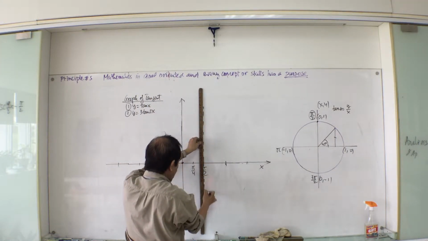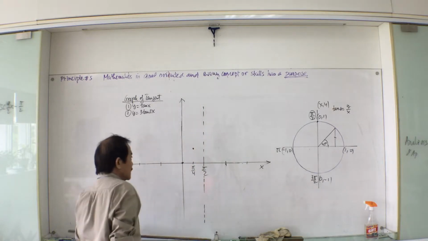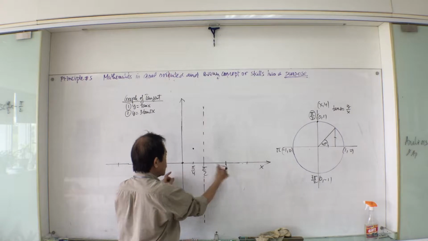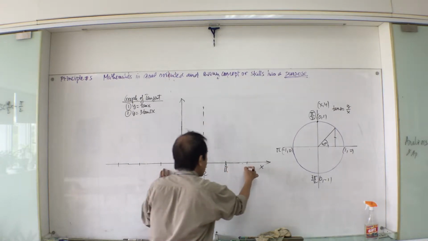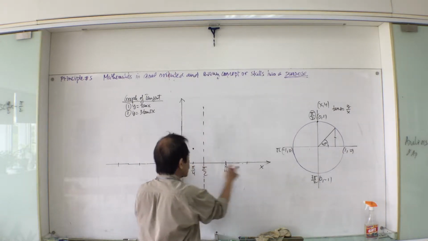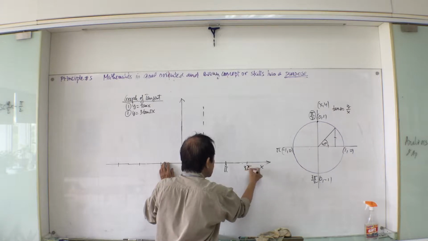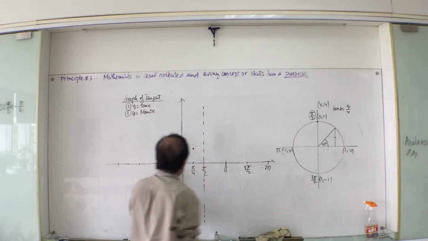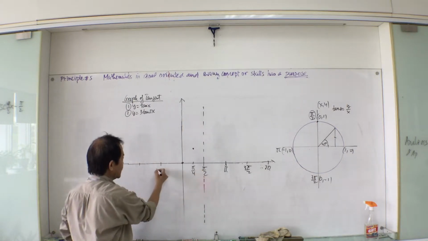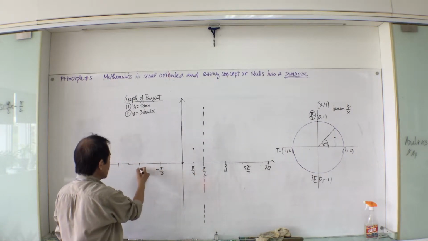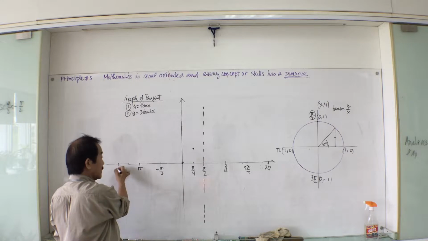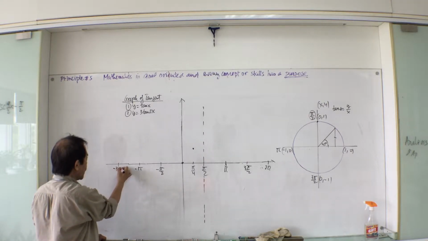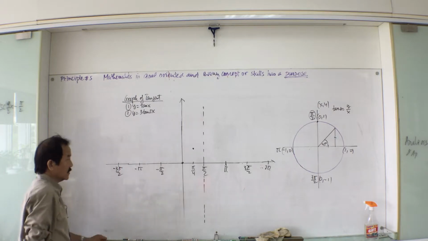So pi over 4, pi over 2, then 3 pi over 2 right here, and finally you have 2 pi. And symmetrically, you get pi, negative pi, negative 3 pi over 2, and so on.